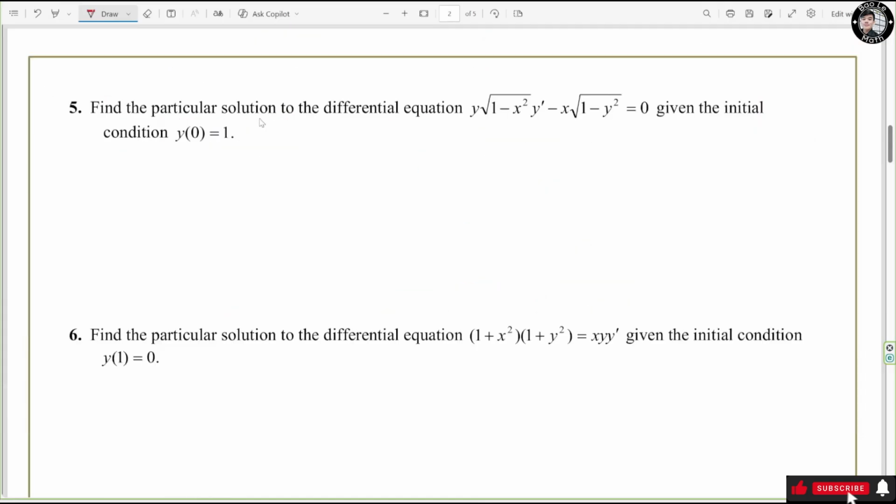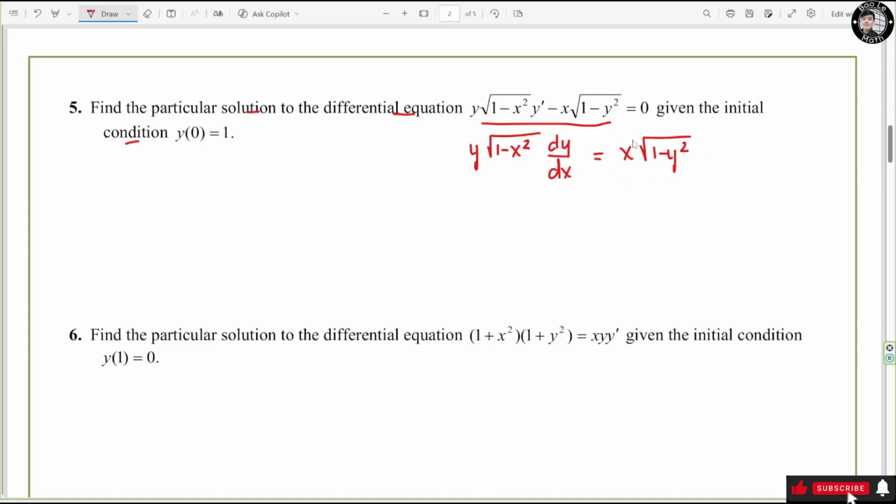Now question number 5. Find the particular solution to the differential equation given the initial condition y of 0 equals 1. Now first we need to separate this one. So we have y squared over 1 minus x squared dy over dx equals x squared over 1 minus y squared. I'm going to bring the y terms to the left and the x terms to the right.